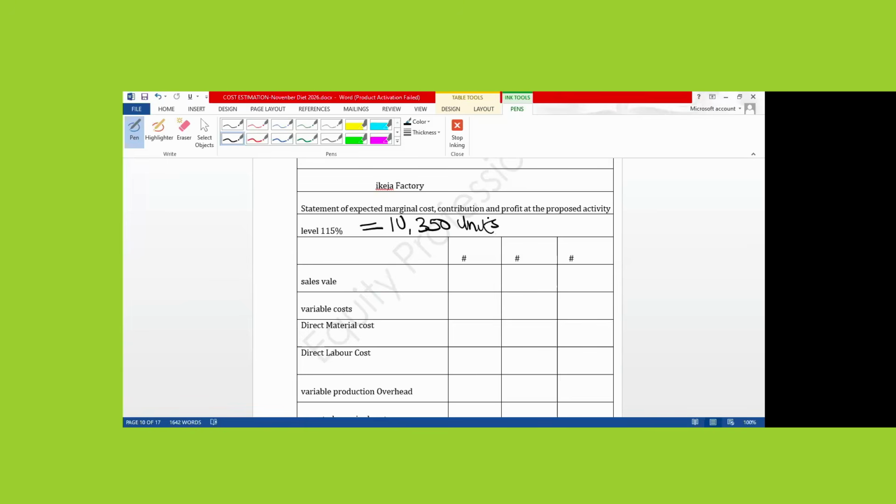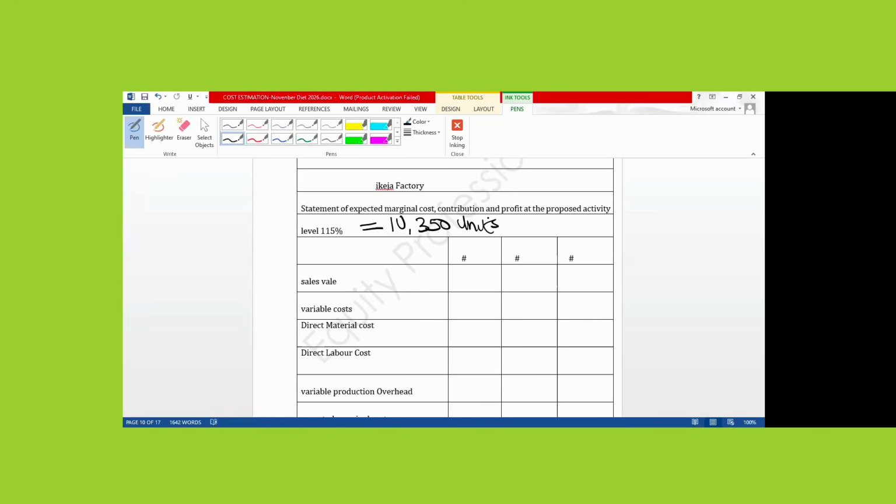This is above 100%. Which one are we going to use? Is it 11 naira per unit or 8 naira 50 kobo per unit? 8 naira 50 kobo per unit. Any other opinion? 8 naira 50 kobo.